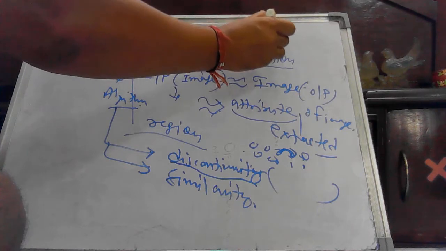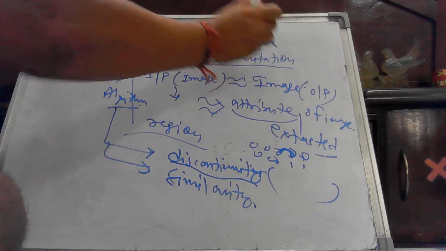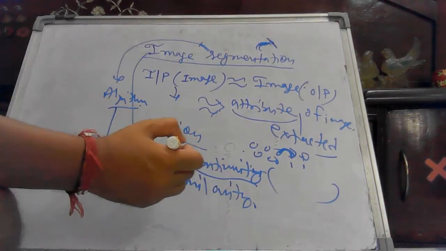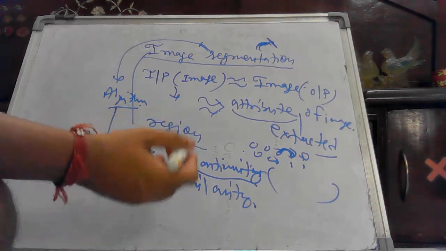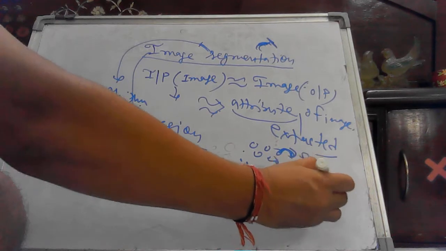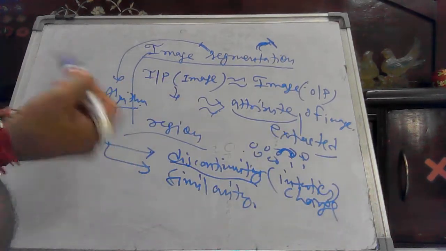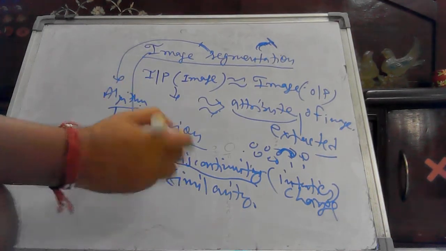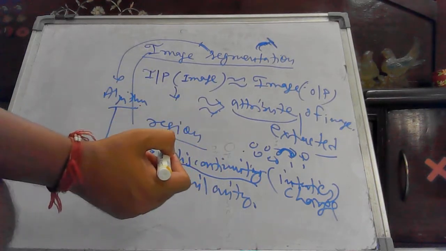Edges show something. Let's say your area was completely white and you get some point, so that is a change in intensity. Okay, so discontinuity based algorithms are basically used to detect abrupt changes in intensities. Whenever you are trying to find edges, lines or points in your images, you always prefer an algorithm based on discontinuity.